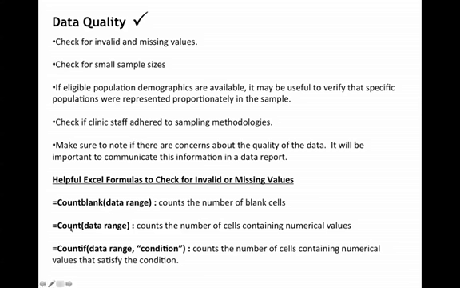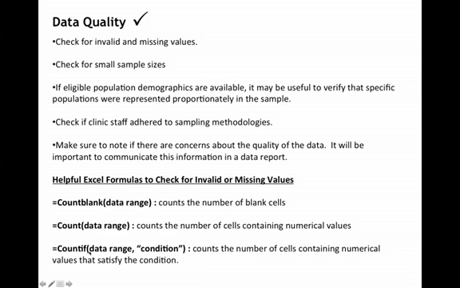And here are just three different ways you can check your data in Excel, for instance. Count blank lets you count the number of blank cells to check for missing values perhaps. Count data range allows you to count how many cells contain numerical values.